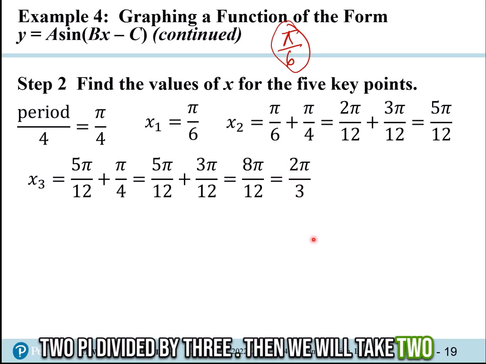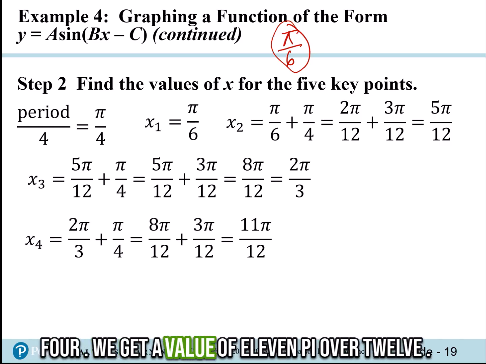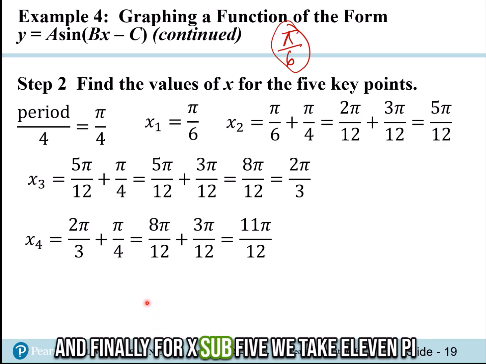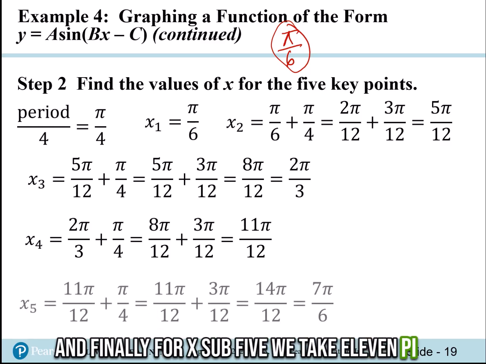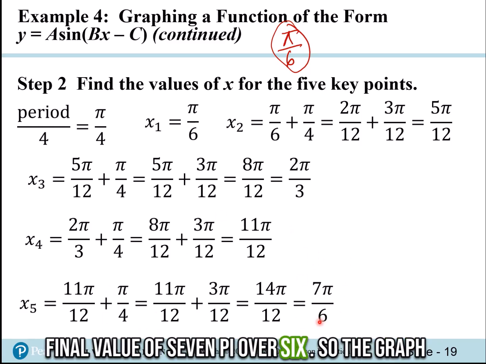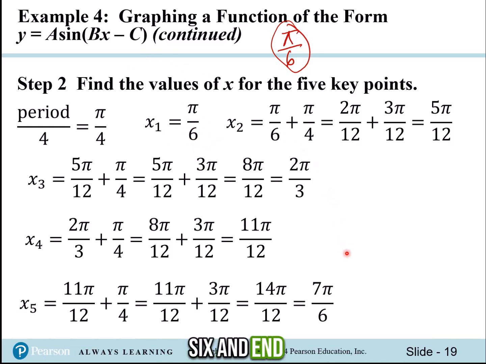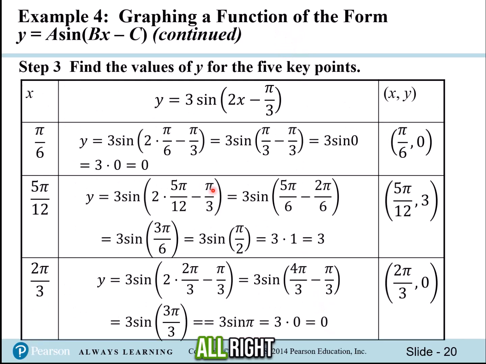Then we'll take 2 pi over 3, add pi over 4 to it to get x sub 4, we get a value of 11 pi over 12. And finally, for x sub 5, we take 11 pi over 12. To it, we add pi over 4 to get a final value of 7 pi over 6. So the graph is going to start from x sub 1 equals pi over 6 and end one cycle at 7 pi over 6. All right?